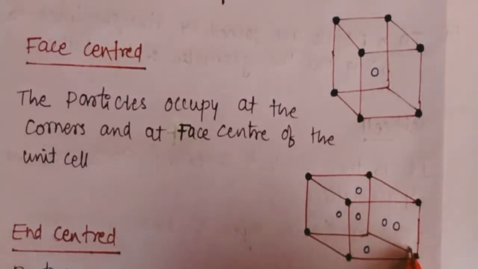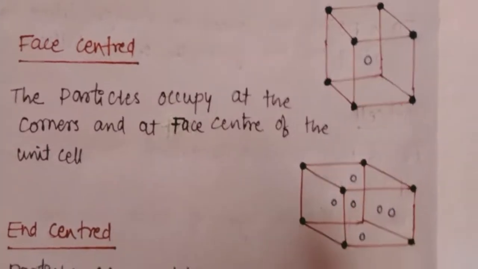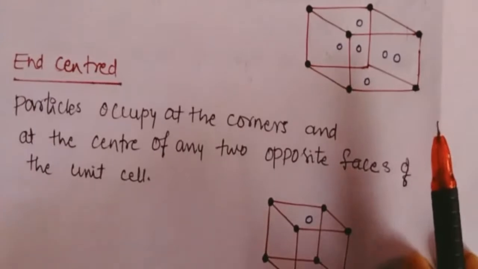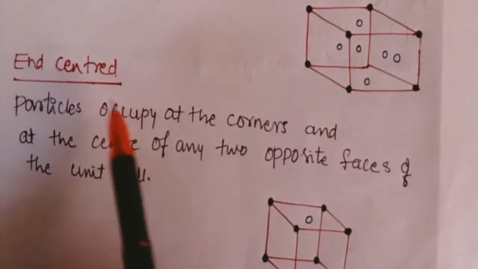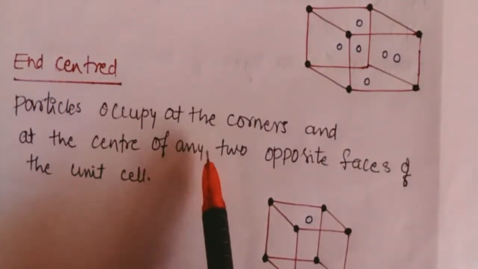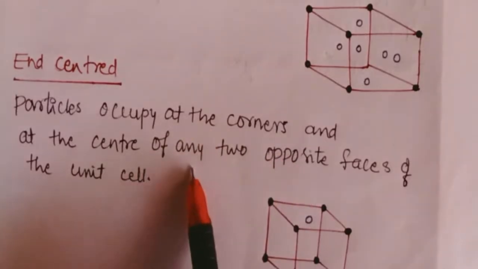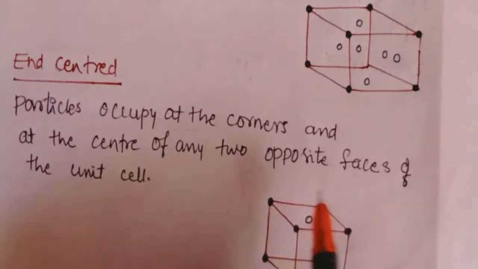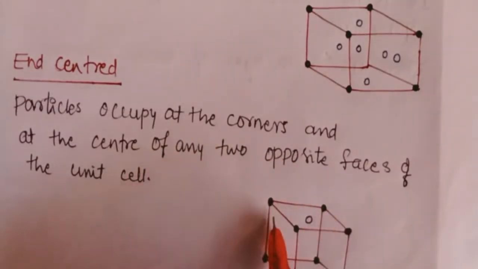So 6 faces contain 6 particles. Then in the case of end-centered, particles occupy the corners and the center of any two opposite faces of the unit cell. This is called end-centered.